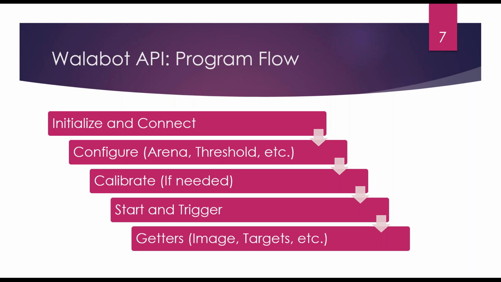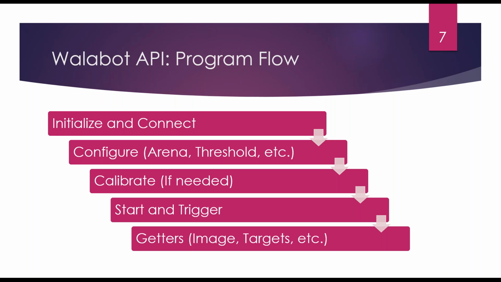And so from now on, what I believe you'd want to do is to go into an infinite loop of triggers, which is also one of the basic functions that we provide in the API, and getters. So trigger basically is the function that tells the Walabot to go and transmit and receive some signals.